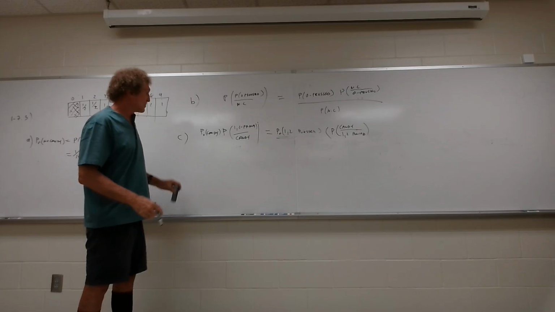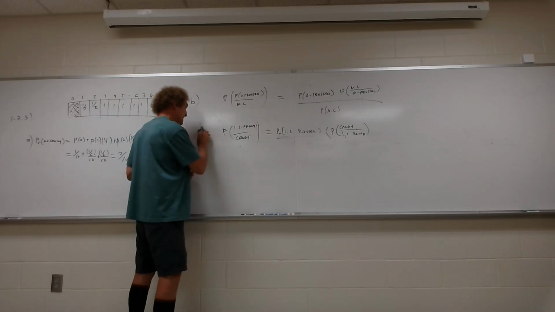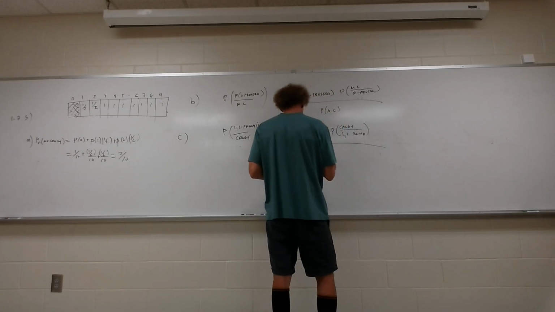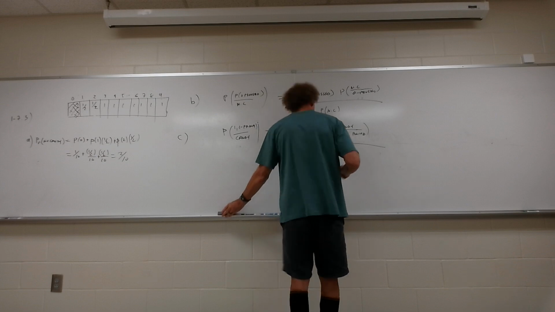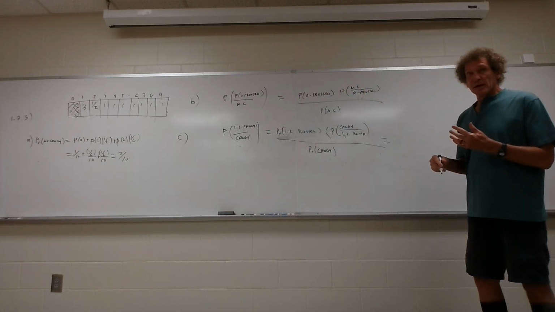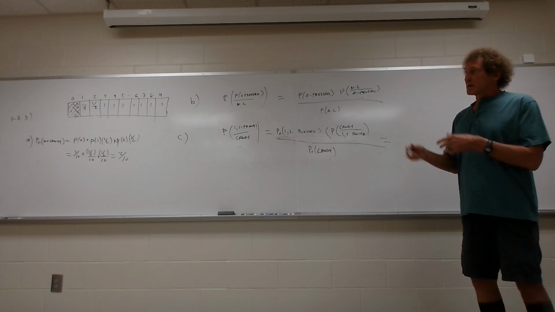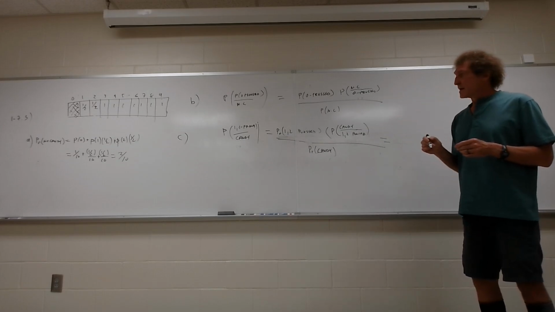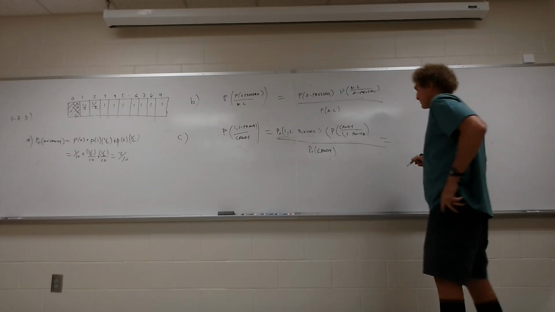All right, I'm going to divide by probability of candy over here. And then, everybody agree with that? Now we take what was mathematically stated in the first part, in the beginning of the problem, and complete this, calculate.